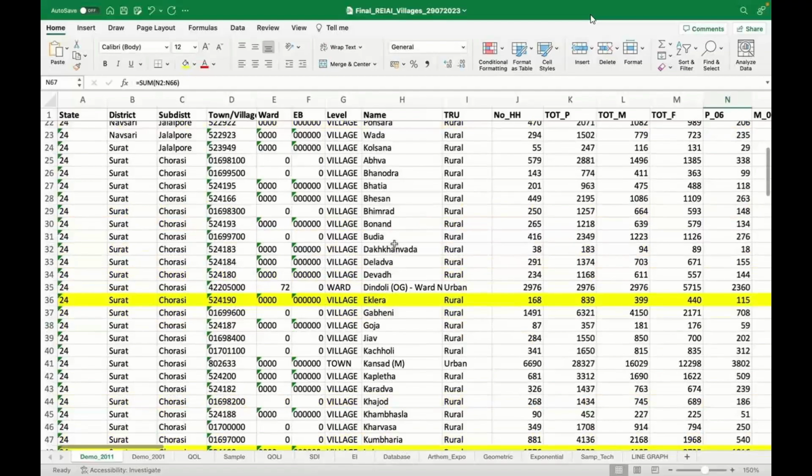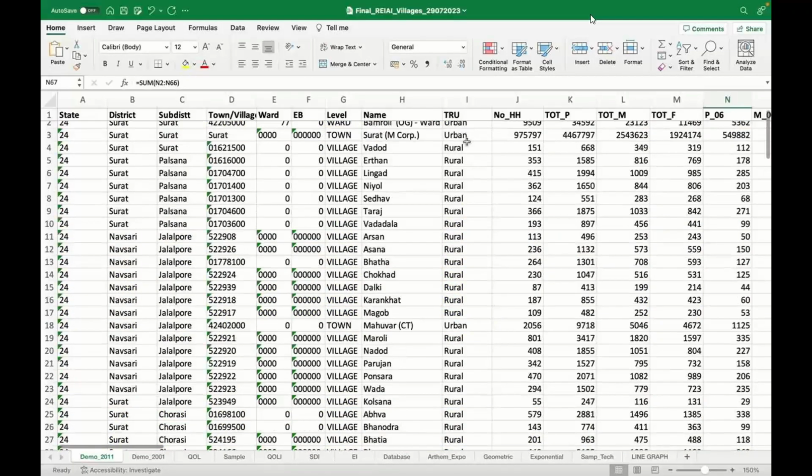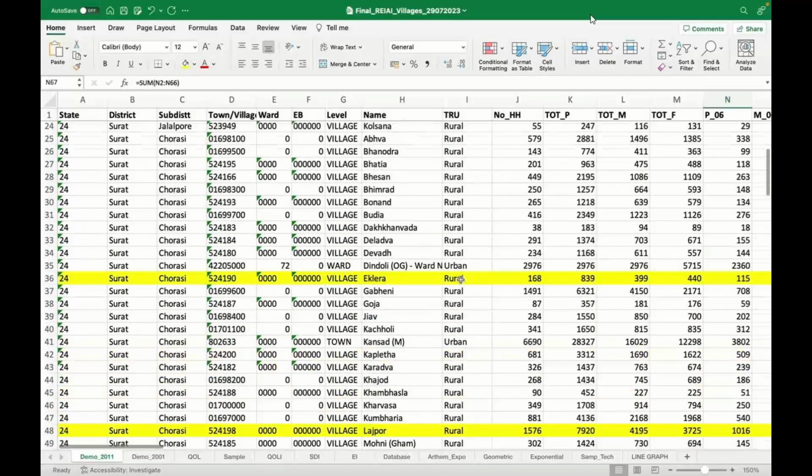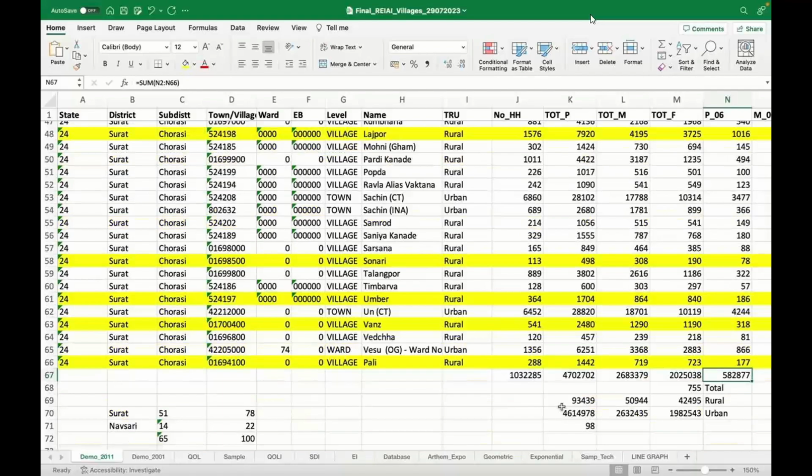see, when you create a database, there is one variable, rural, urban, right? So for urban, you add it separately, you will get urban female, urban male, then total rural, female, male. You just subtract the urban population from the total population, you will get the rural population. So this is possible. You can do a lot of permutation and combination. And remember, here it is showing 98%.